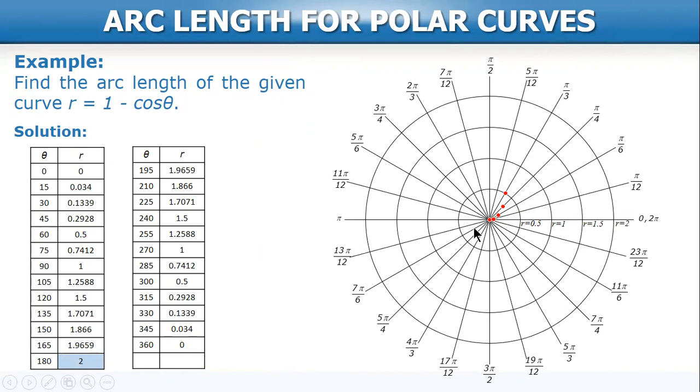And so on: 70.7, and at 90 degrees it's 1. And then continue to plot the points up to 360, this one.